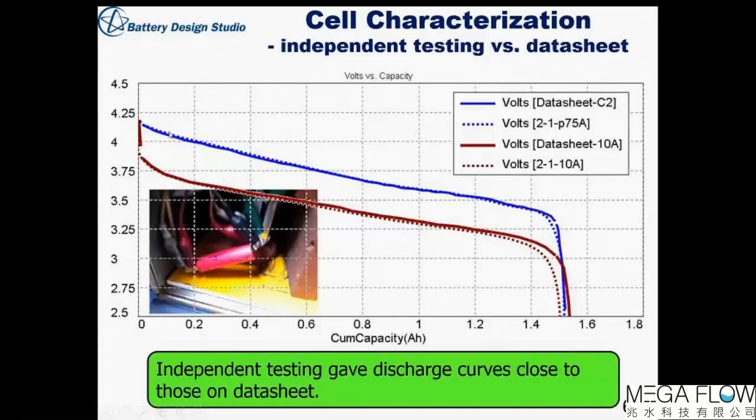So this shows the lowest rate, the 1.5 amp discharge, and the highest rate, the 10 amp discharge. The solid lines are from the data sheet, and the dashed lines are experimental values that we determined through independent testing. So it's a very close agreement with the manufacturer's literature.